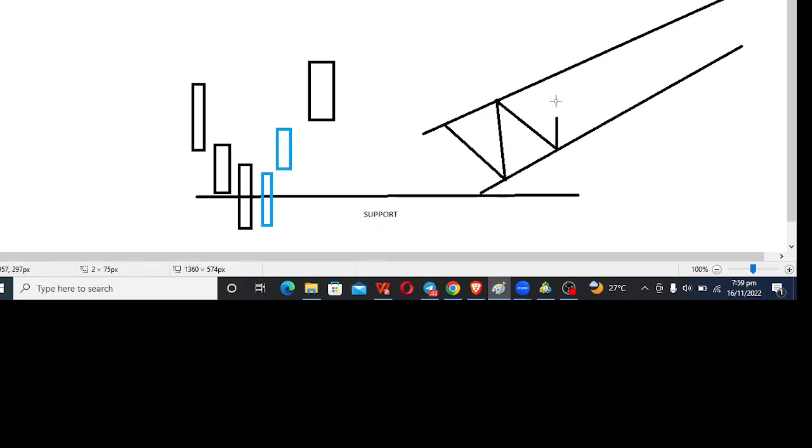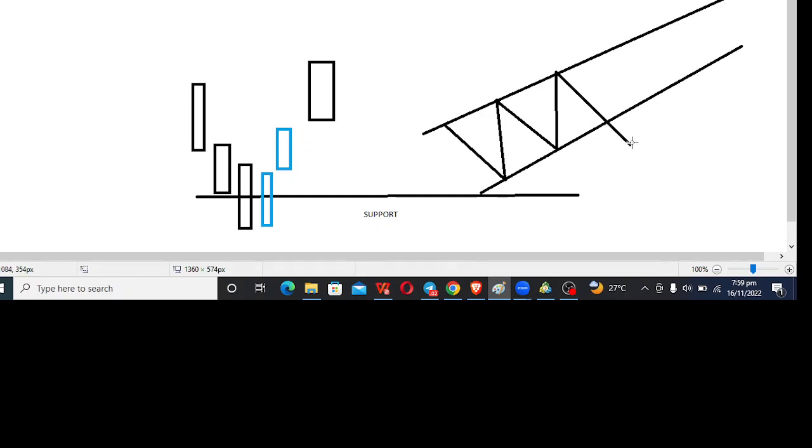Here we all know that this is our support and this is our resistance, based on the explanation I gave. So once the market breaks through the support or a resistance, we all confirm that this is a breakout, and let's assume this is H1 and the candlestick closes here.